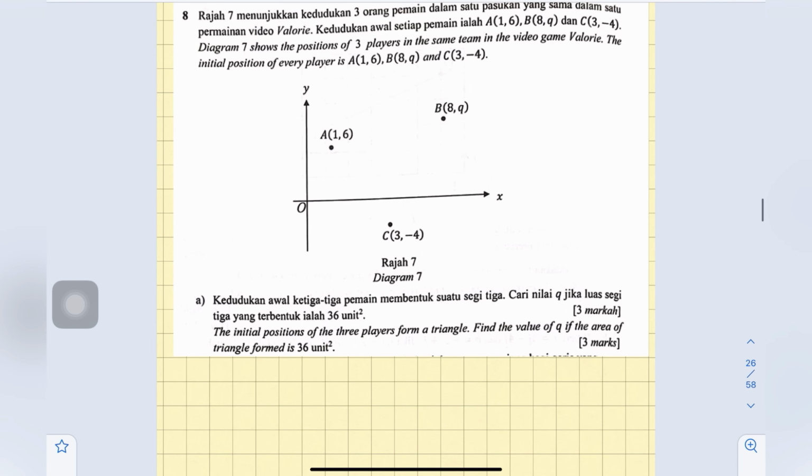Okay, so then area for ABC, kita susun lah. Normally kita cuba susun anti-clockwise supaya nanti positif. So 1 6, 3 negative 4, 8 q, okay back to 1 6, equals to 36. Ni kita darabkan, kena tunjuk one by one.